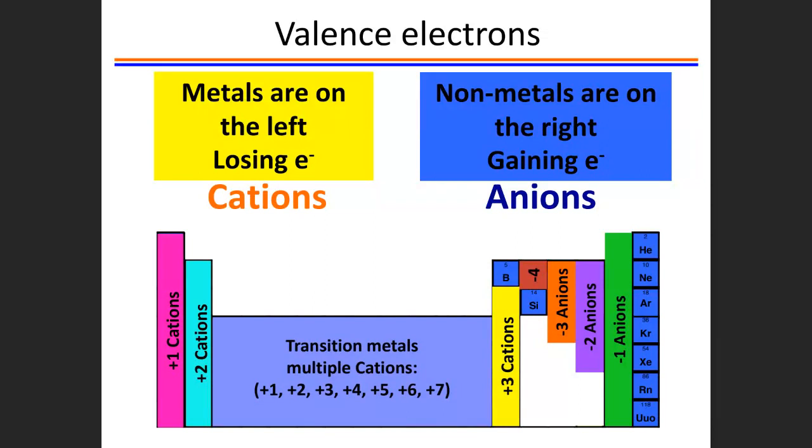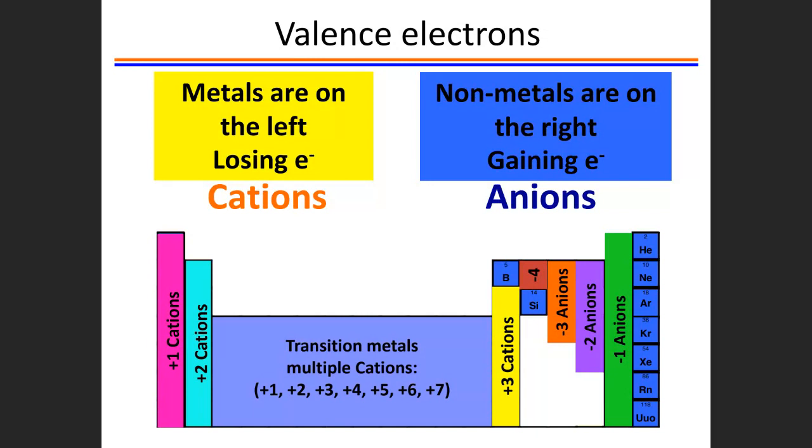And this is called the transition metals, with multiple cations. For example, copper can donate a maximum of 2 electrons, but normally they don't lose the 2 electrons together. That's why we say that copper has 2 charges, copper +1 and copper +2.